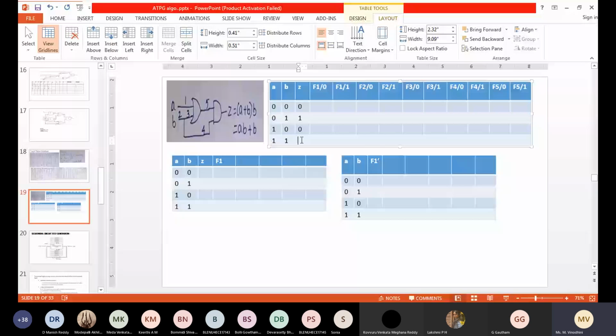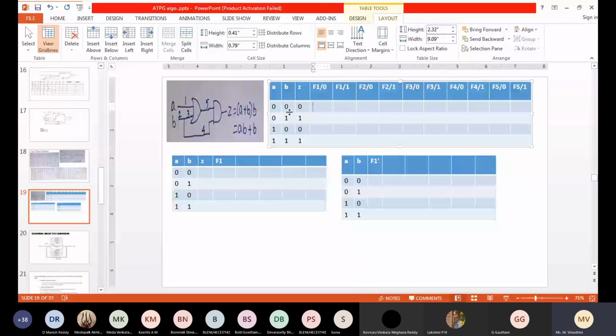Next, now you listen here. F1 of 0. That means in the signal line 1, if there is a stuck at 0, for the given input 0, 0, what will be my output? Again, F1 of 0 means the signal line 1 has a stuck at 0 fault.